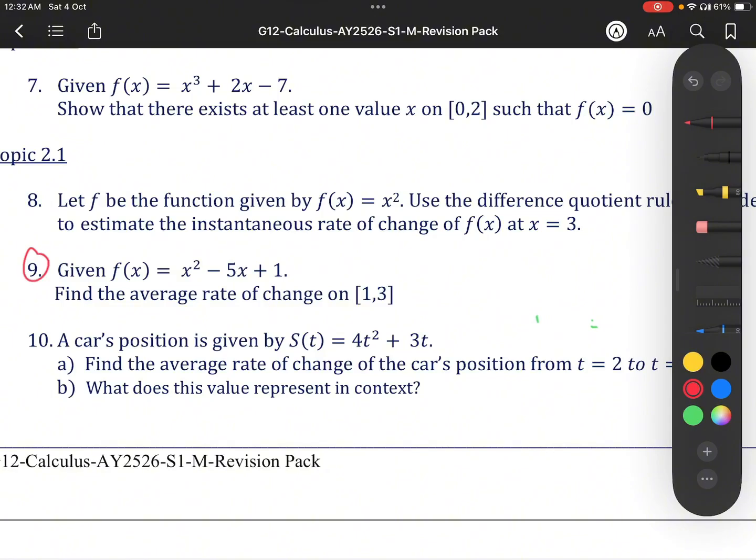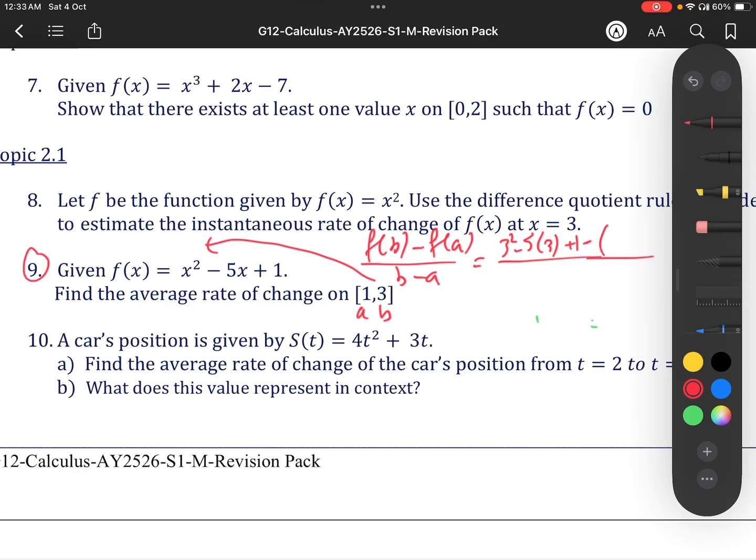Number 9, given the function, find the average rate of change f of b minus f of a divided by b minus a. This is a and this is b. I'm going to replace 3. So it will be 3 square minus 5 times 3 plus 1 minus bracket, replace 1.